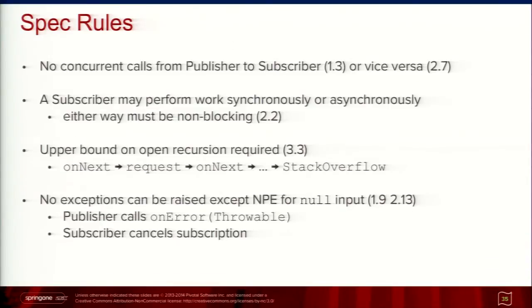Yeah, if anybody's worked with any sort of non-blocking API, you probably ran into this at some point: there's a recursive situation that can easily occur with the subscriber asking for more data and then the publisher giving more data. If you do all of this in a single thread, you're basically going to end up with endless recursion if you continue to ask for more things.